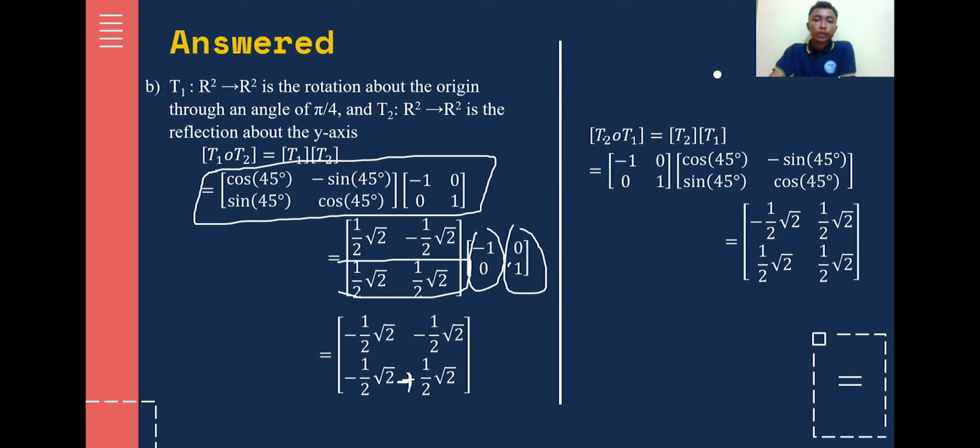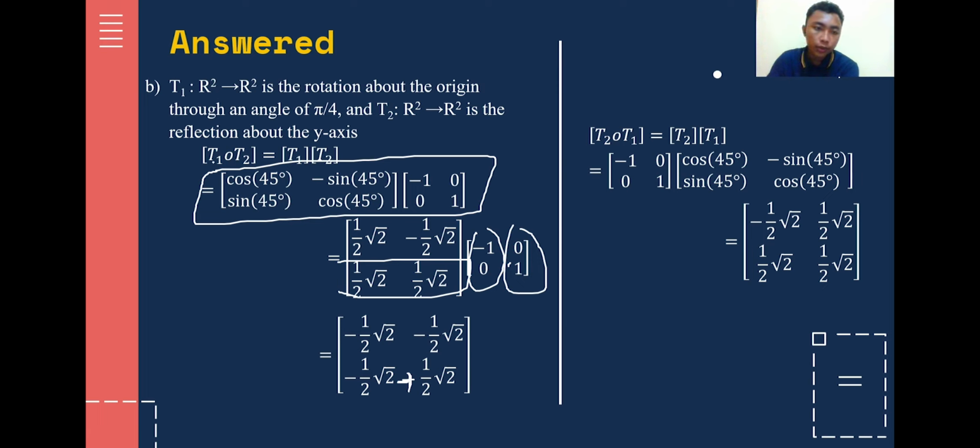And how about T2 or T1? First we do the reflection, and after the reflection we do the rotation. We do the rotation, and the result is minus 1 per 2 plus. So we can see the result is not the same.